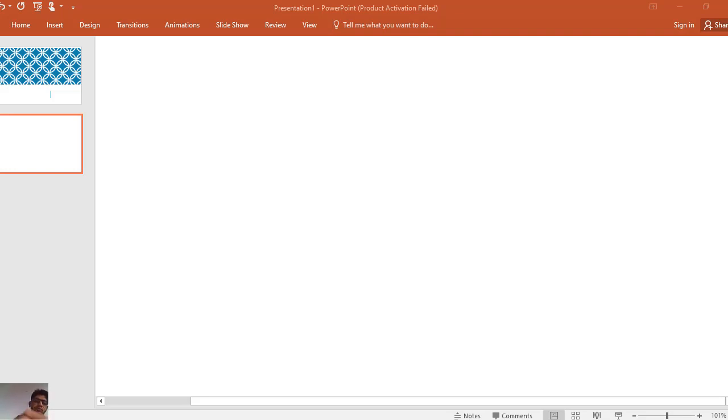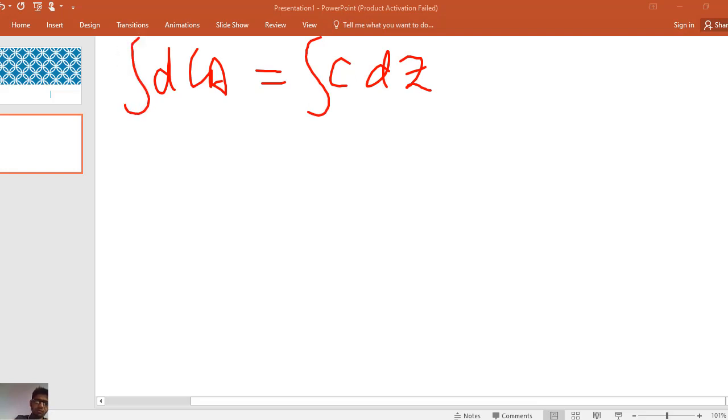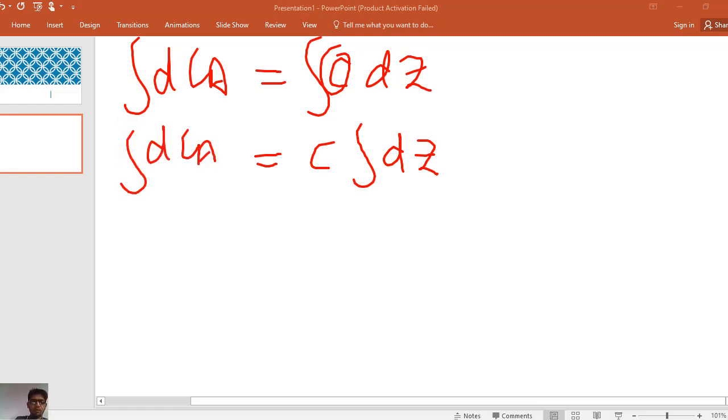Now we know that dCA is equal to C into dZ. Take the integral sign on both sides. This is the constant, it will come out from the integration, dz dCA.